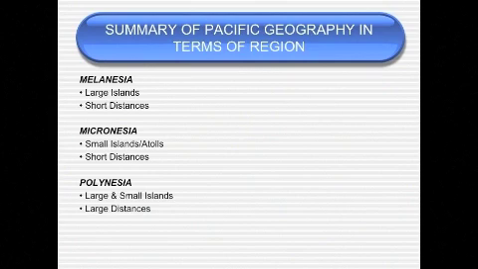Micronesia, as a general rule, has small islands and atolls with short distances between those islands. Polynesia is a kind of hybrid admixture, large and small islands with relatively large distances between those islands. That gives Polynesia its unique makeup and drives its unique position within settlement of the Pacific.